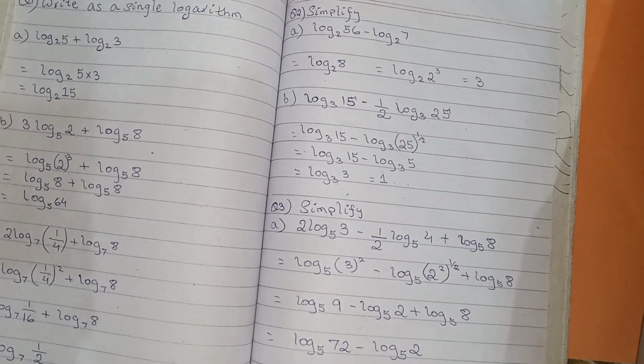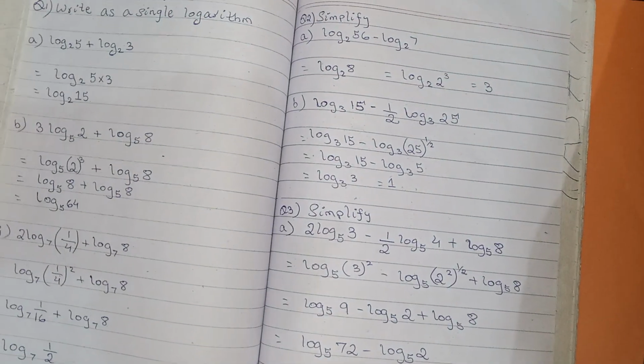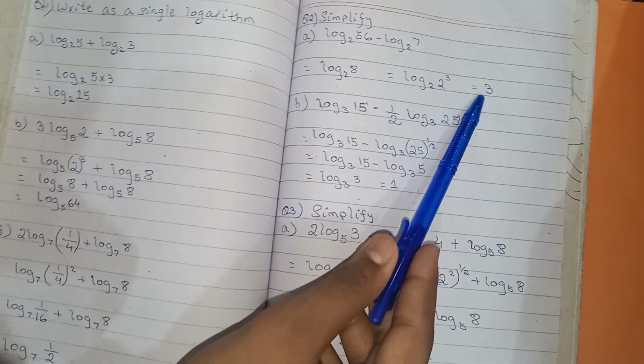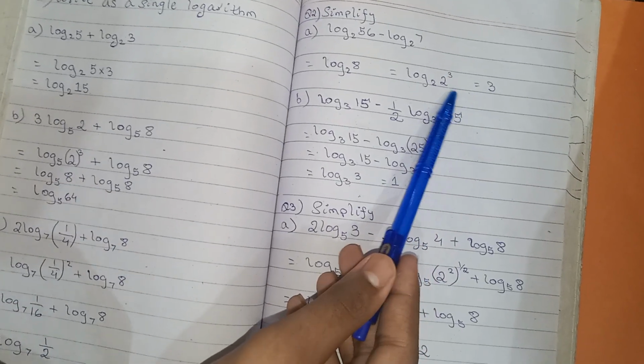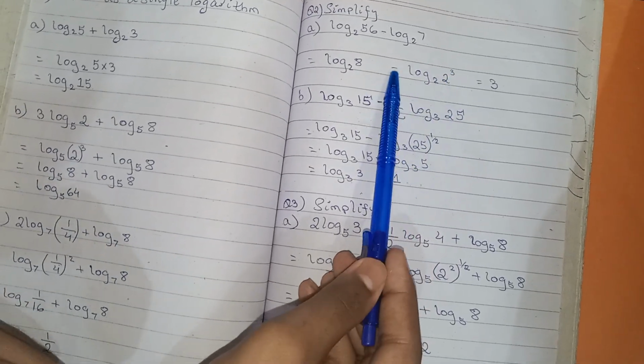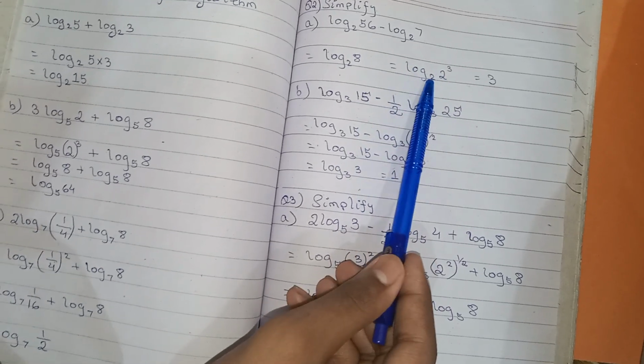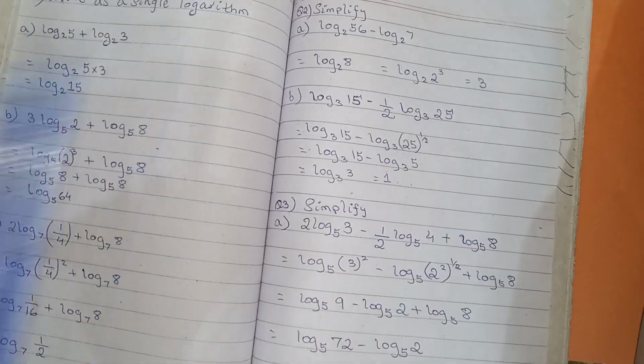Then log 2 2 cubed, because 2 cubed is 8. So log 2 2 cubed, then 3 will be our answer, because 3 comes before the log, and log 2 2 is equal to 1, so 3 times 1 is 3.